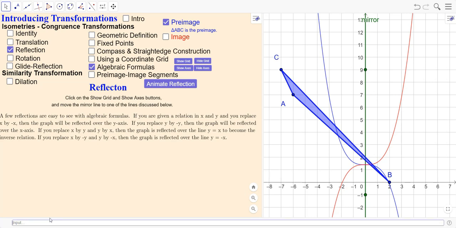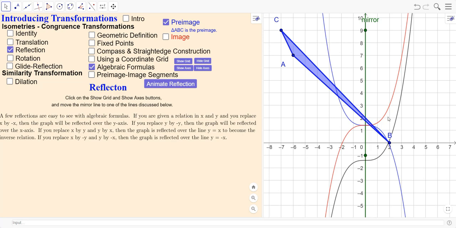If I were to take that same original formula and replace y by minus y, then that will reflect it over the x-axis. Can you see that that one's a reflection of that one there?